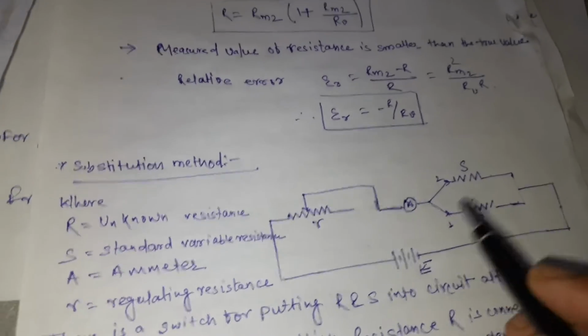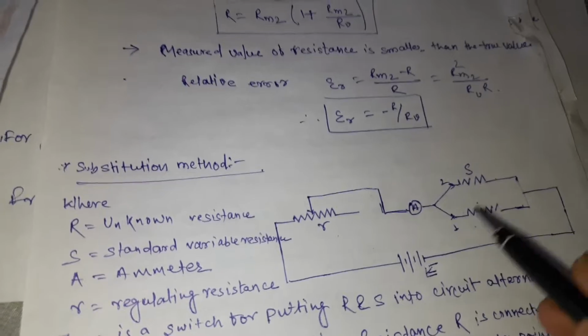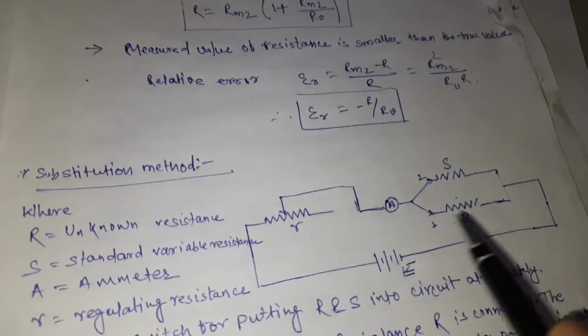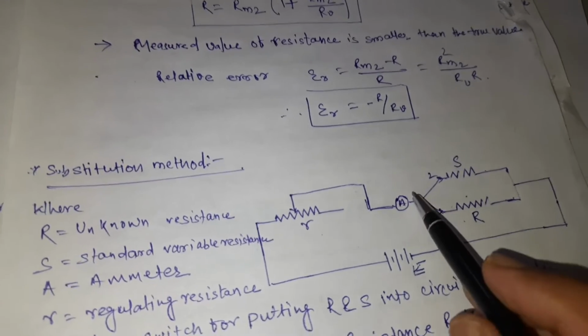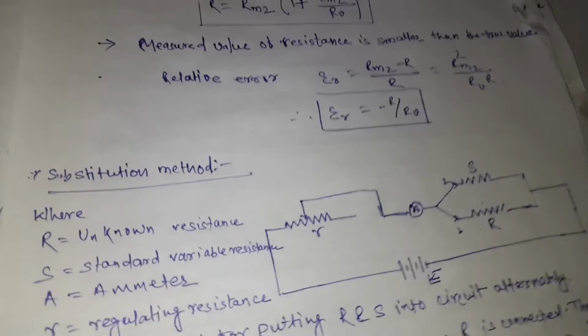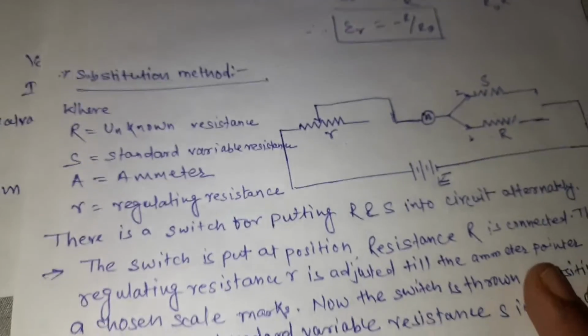That means you first connect the unknown resistance, regulate the regulating resistance, and measure some value of current, for example 10 ampere.